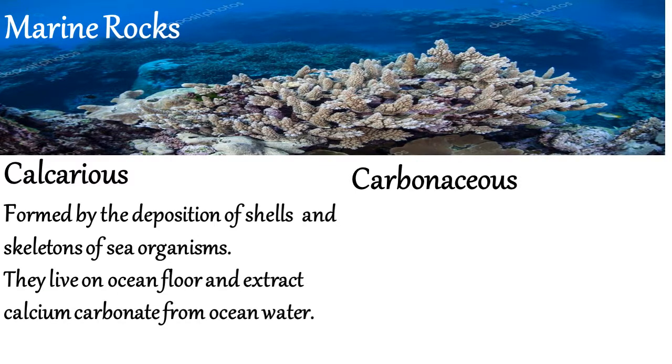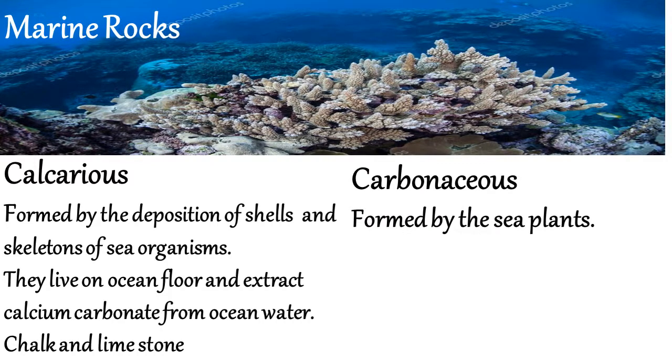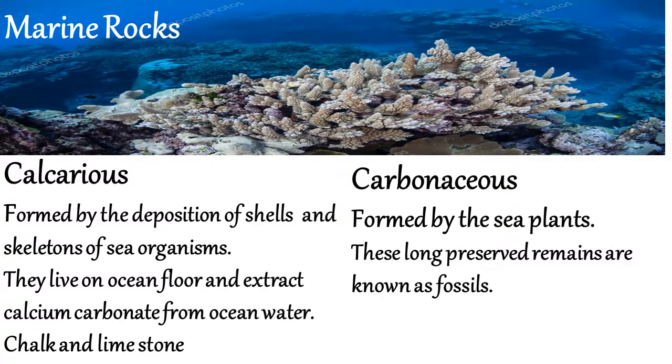They live on the ocean floor and extract calcium carbonate from ocean water. Chalk and limestone are examples of such rocks, whereas carbonaceous sedimentary marine rocks are formed by sea plants which remain buried for a very long period. These long preserved remains are known as fossils. Coal, lignite and peat are examples of carbonaceous sedimentary marine rocks.